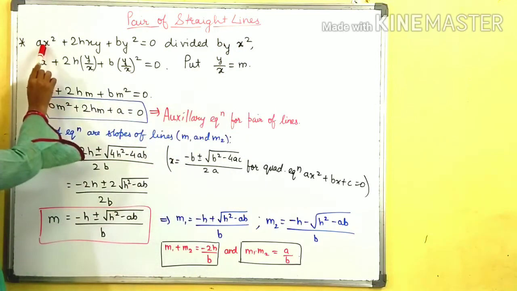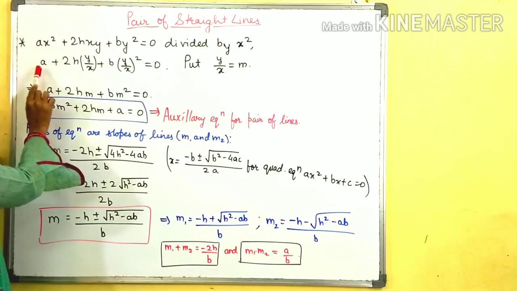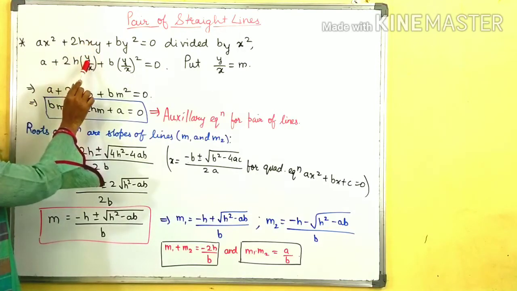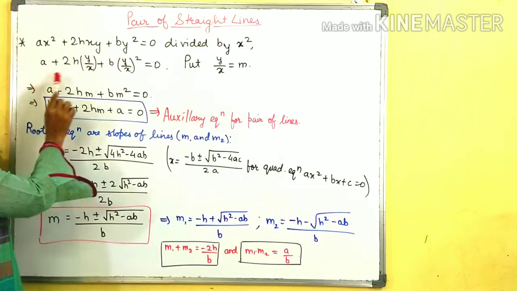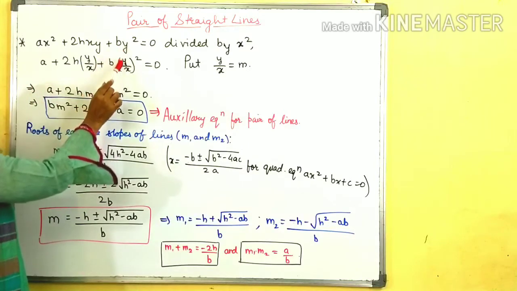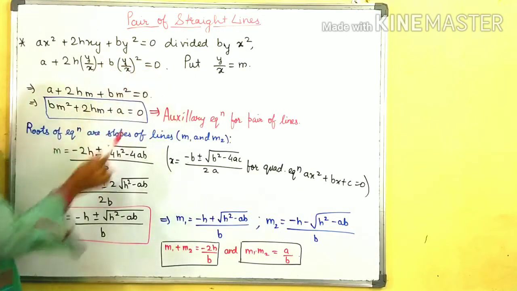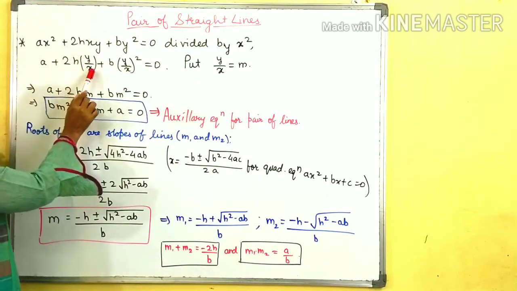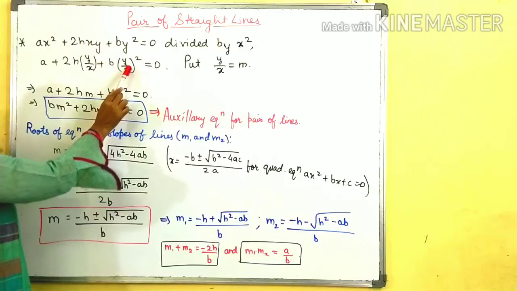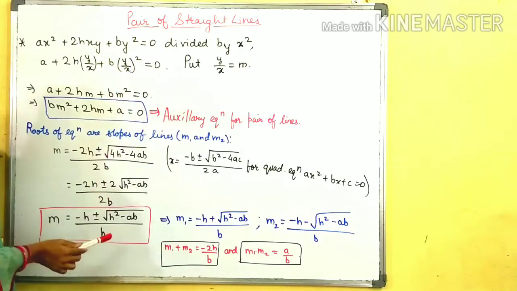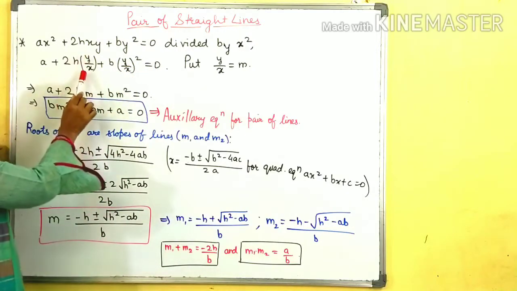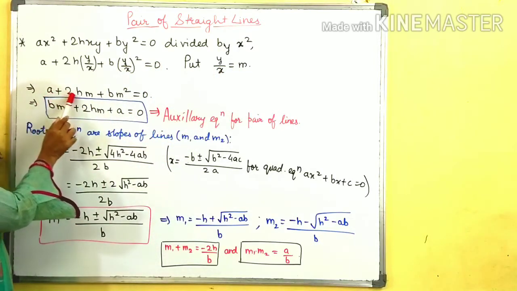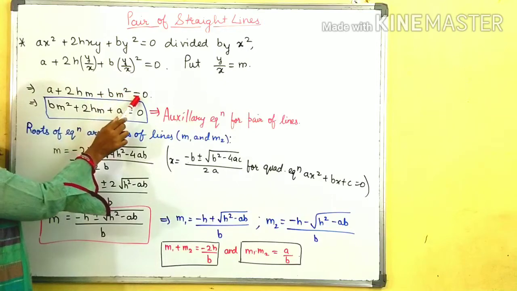So x square is cancelled in the first term, leaving a, plus 2h times y by x, plus b times y by x whole square, equals 0. That means a plus 2h y by x plus b y by x whole square equals 0. Put y by x equals m. So you get a plus 2hm plus b m square equals 0.